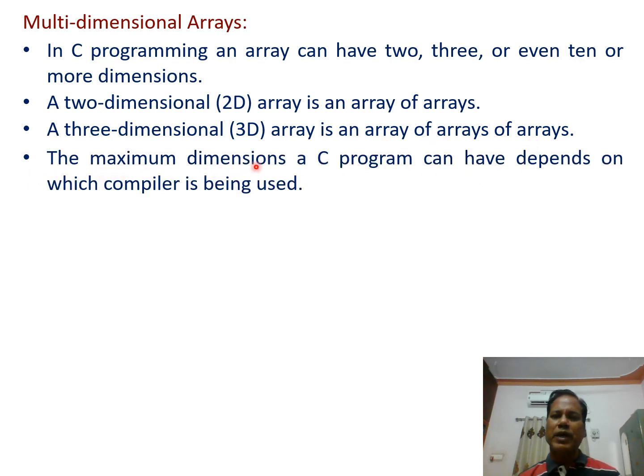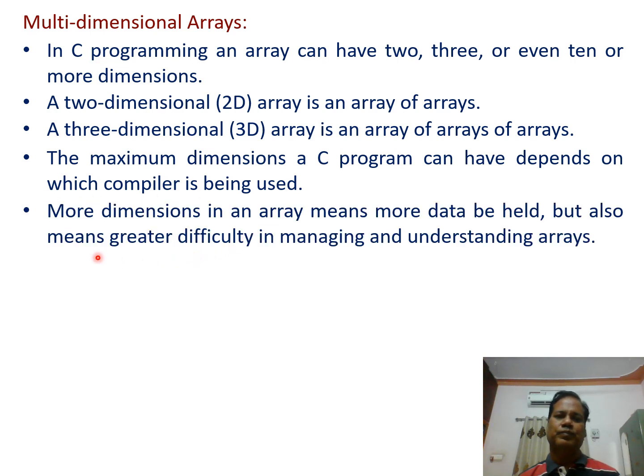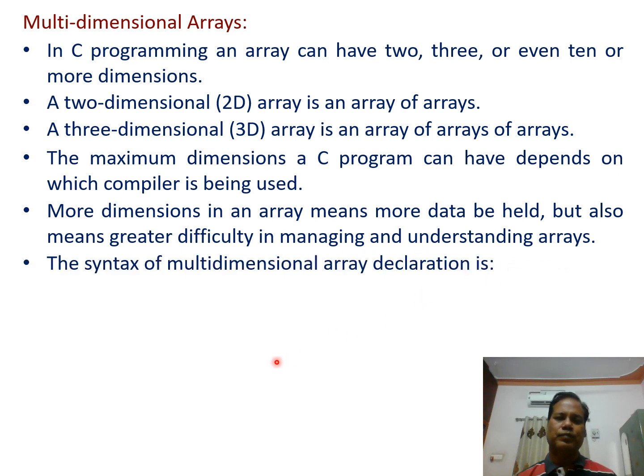The maximum dimension a C program can have depends on which compiler is being used. More dimensions in an array means more data can be held, but also means greater difficulty in managing and understanding arrays.